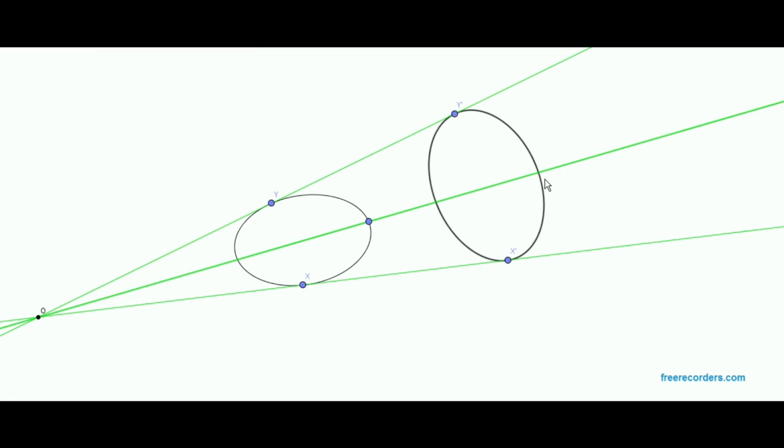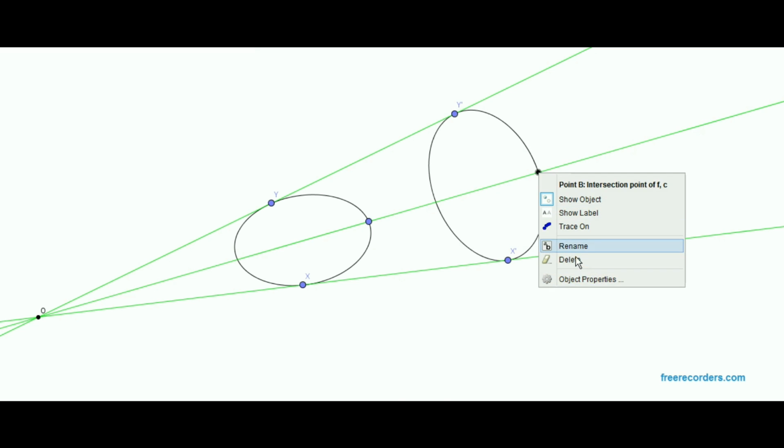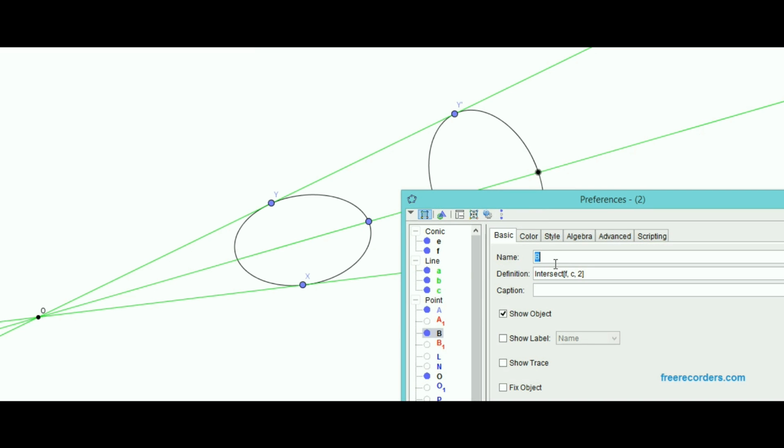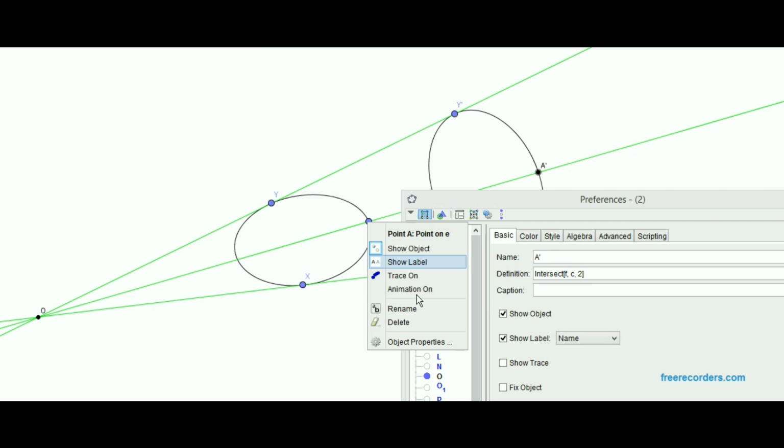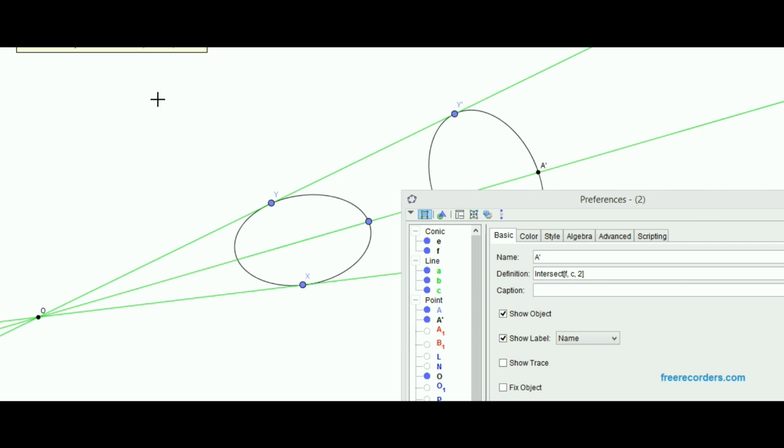So if we instead decide that this is A dash, and we repeat the construction, then we'll get a new common chord between these 2 ellipses. So let's do this now.